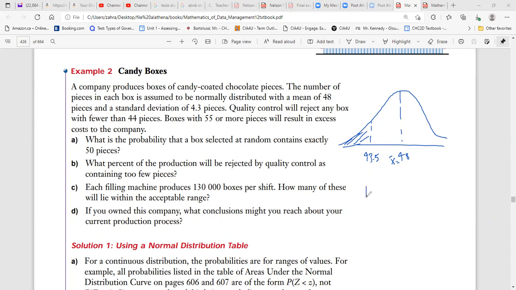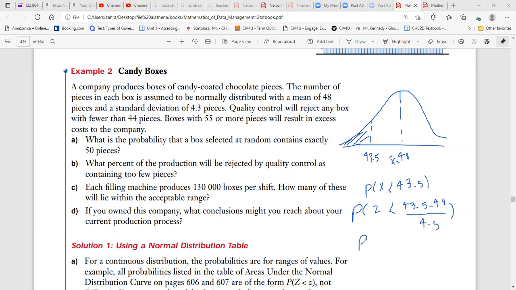Again, you want to find the probability that X is less than 43.5. You convert this to the z-score. So Z less than: converting, it's going to be X minus mu, which is 48, divided by the standard deviation, which is 4.3.